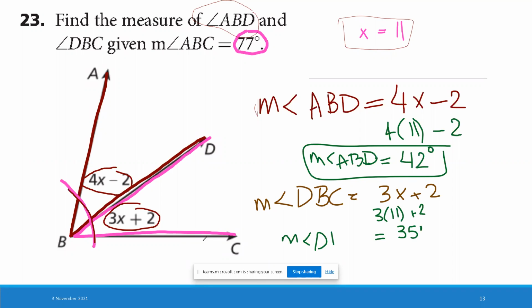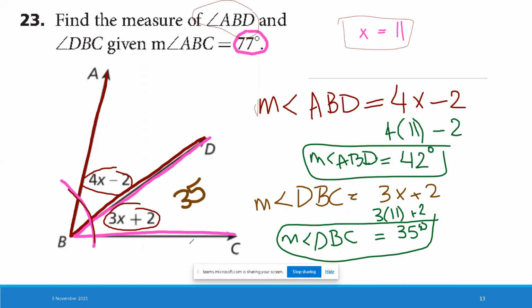Now, Maria, how did you check that your answer is correct or not? I mean, how did you check that your answer is correct, if this is 35 and this is 42?